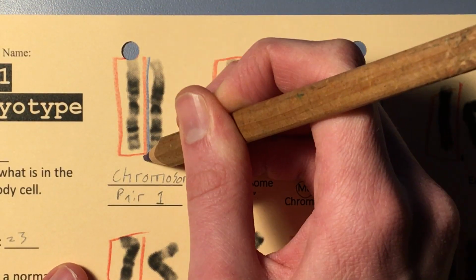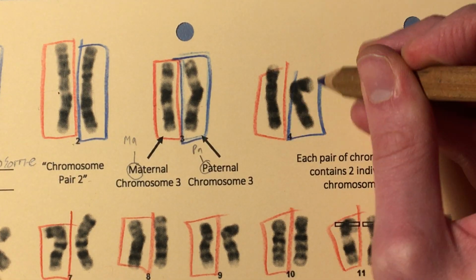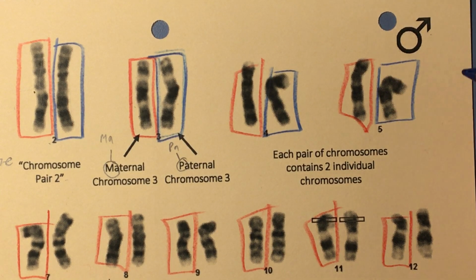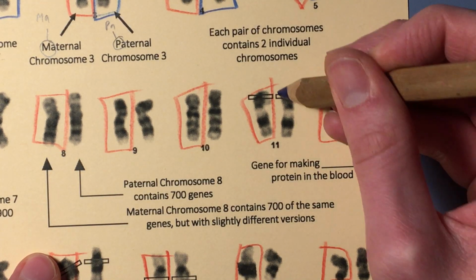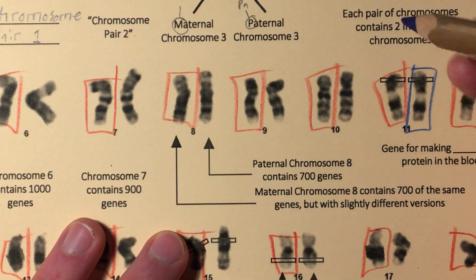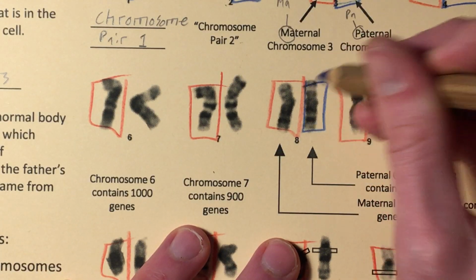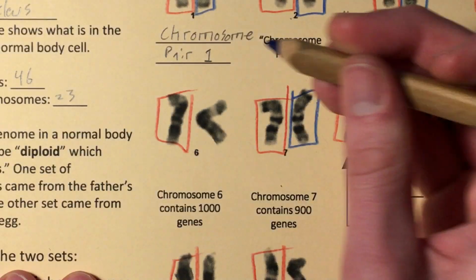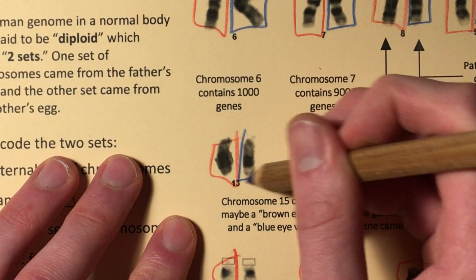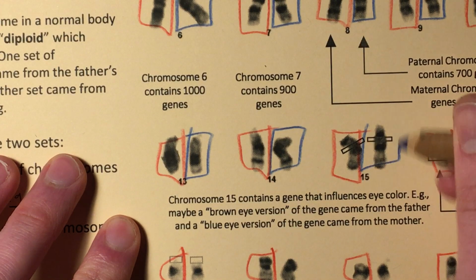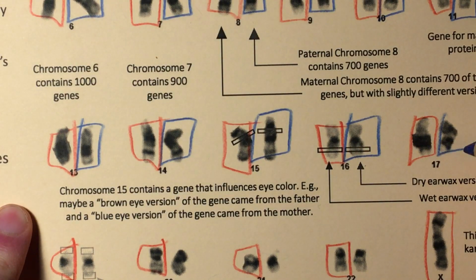Okay, so now here's my blue set, which came from the sperm of the father of this human being. So this is a human being's chromosome karyotype. Let's color this in blue. So here's my blue set, the second set.